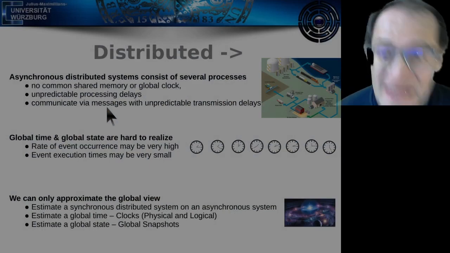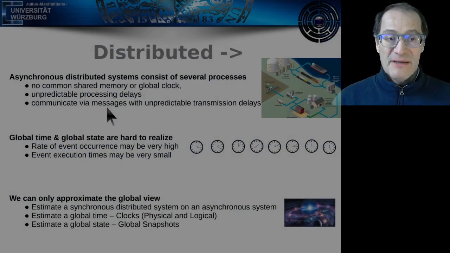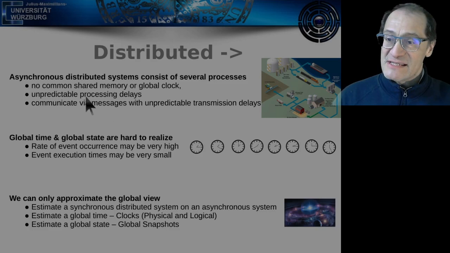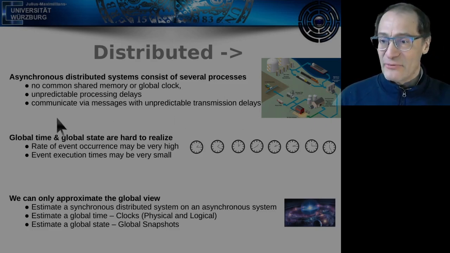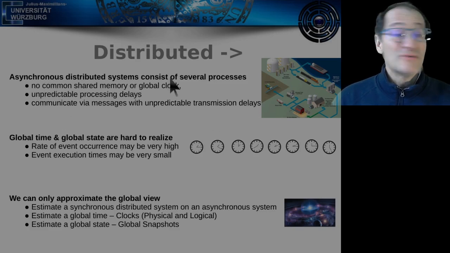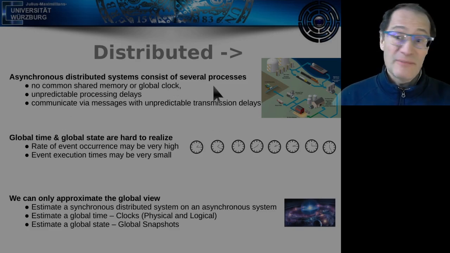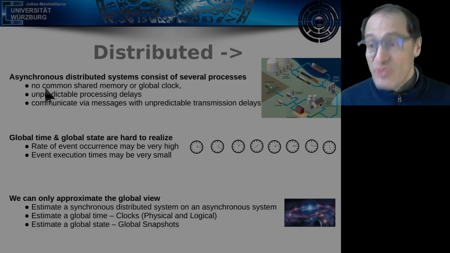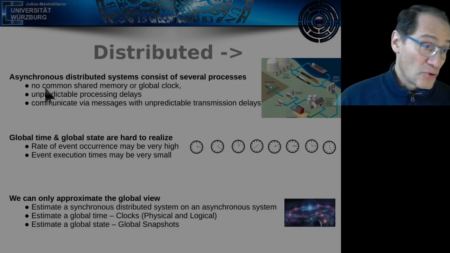First, we are dealing with distributed systems. If the nodes are distributed very far away, then we have asynchronous distributed systems consisting of different processors and processes. We have no common shared memory or global clock.